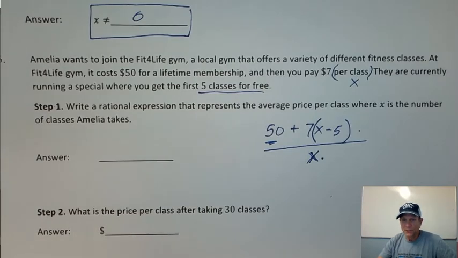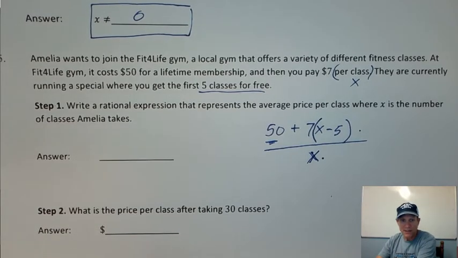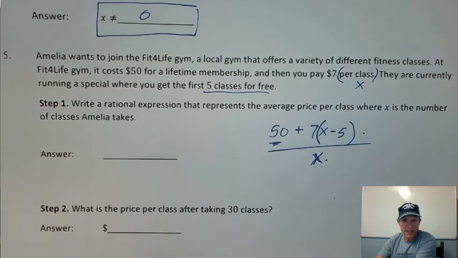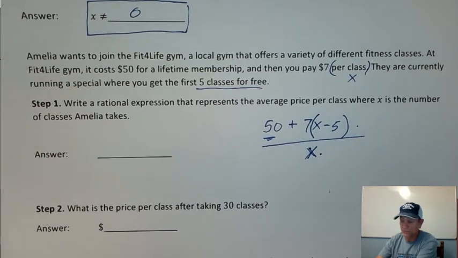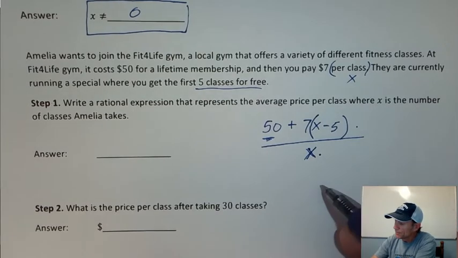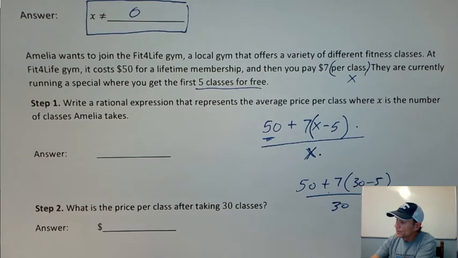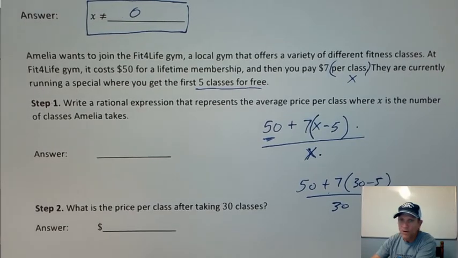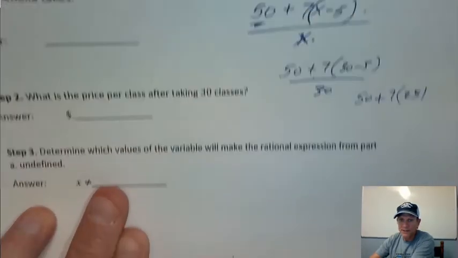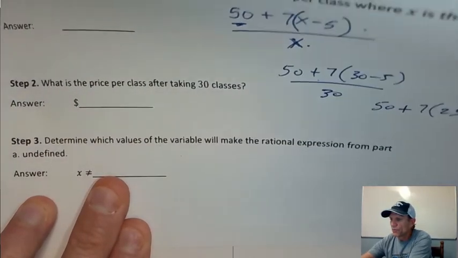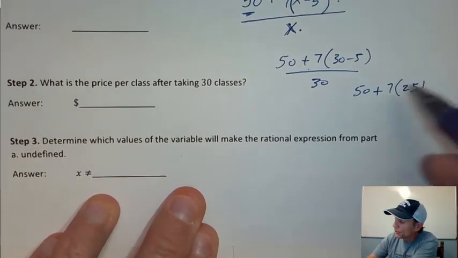Now, what is the price per class after taking 30 classes? We would have 50 plus 7 times 30 minus 5, over 30. Then we have 50 plus 7 times 25, over 30.